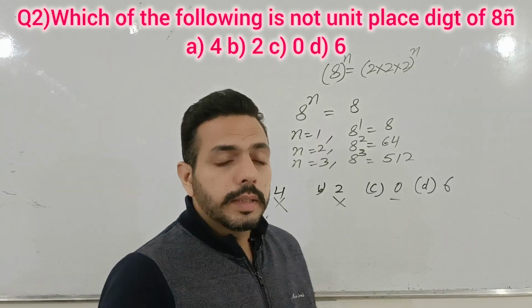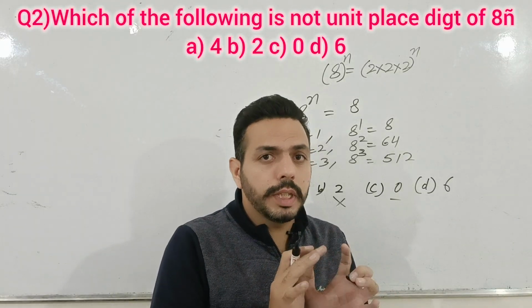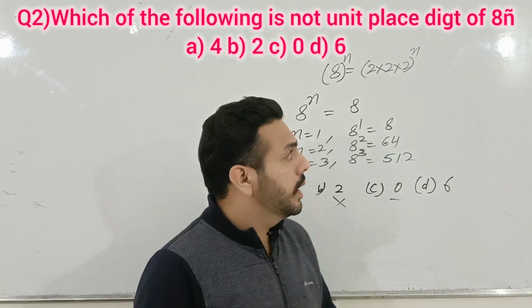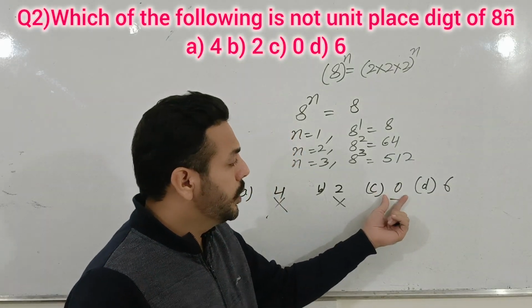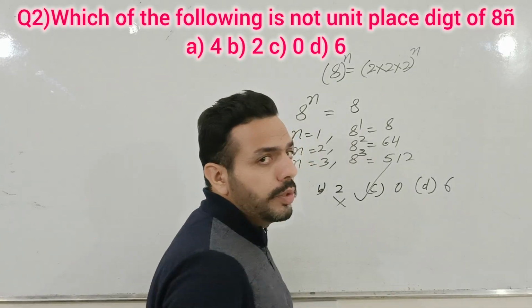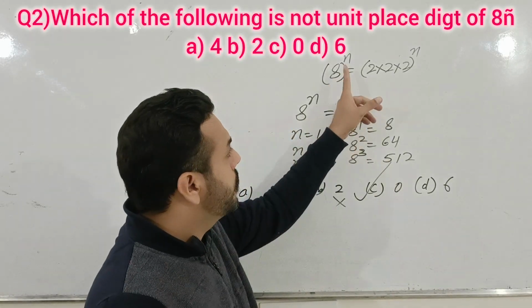So the option is C: 0 is not a unit place digit of 8 raised to the power n.